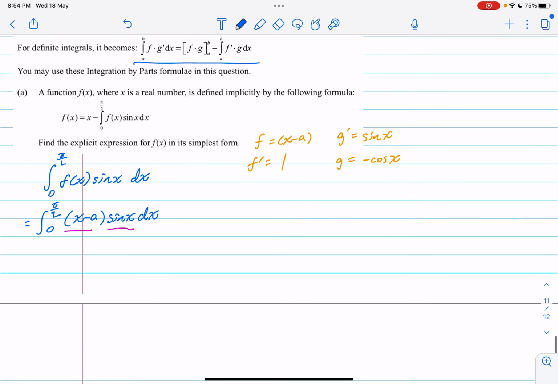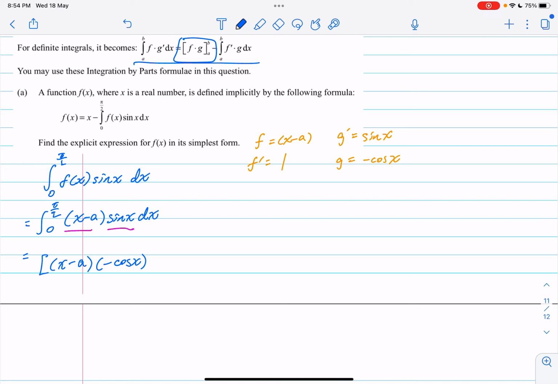Okay, right. So integration by parts. So we've got f and g. We said that g dash is sin x and f is x minus a. So look at this, f times g. Then we're going to evaluate based on the values on the integral. So that's going to be x minus a times minus cos x.